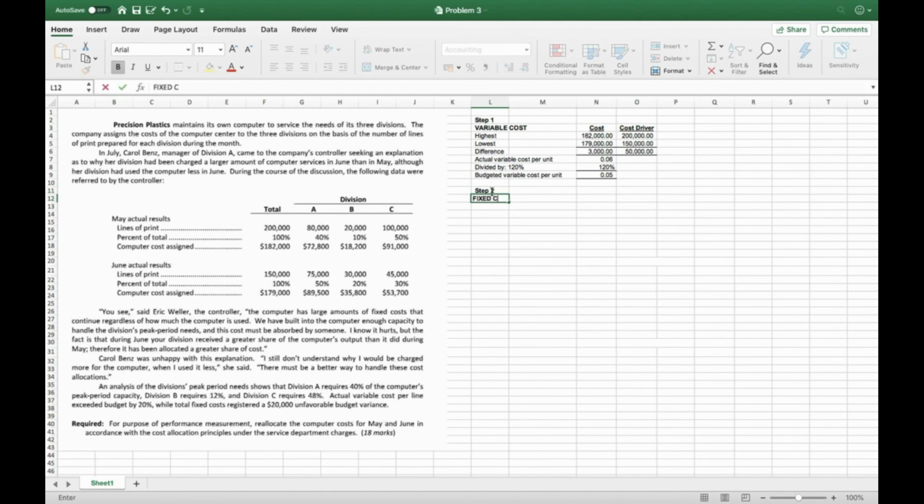Step 2, we try to get the fixed cost through getting the difference of the total actual cost of any month less the actual variable cost to get the actual fixed cost.